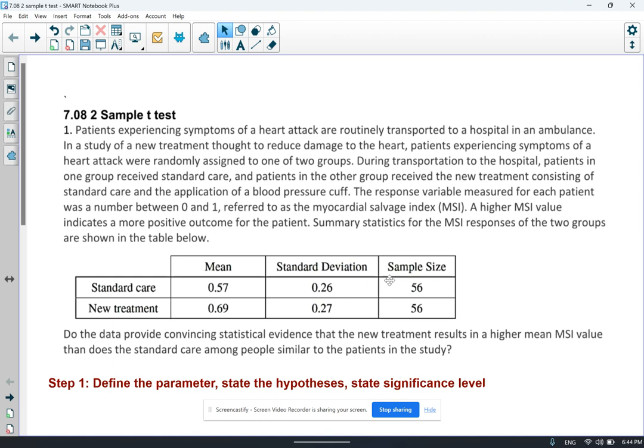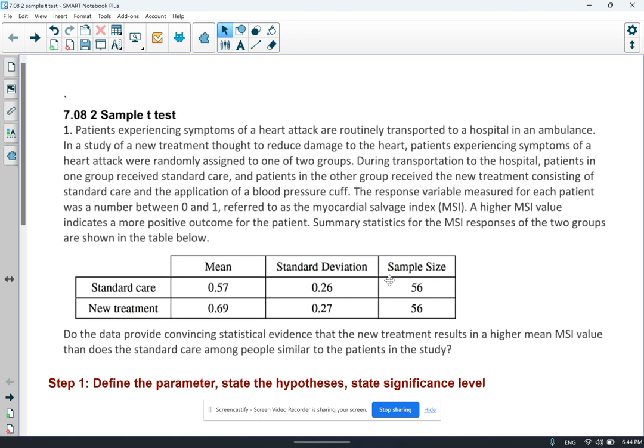Patients in the second group received a treatment consisting of standard care plus the application of a blood pressure cuff. The response variable measured for each patient was a number between 0 and 1, referred to as the myocardial salvage index, MSI. A higher MSI value indicates a more positive outcome for the patient.